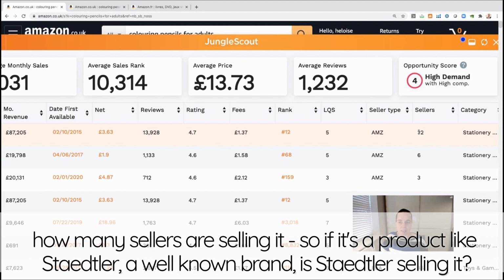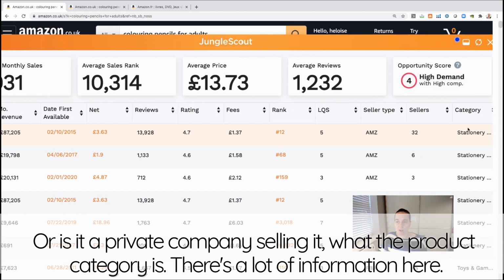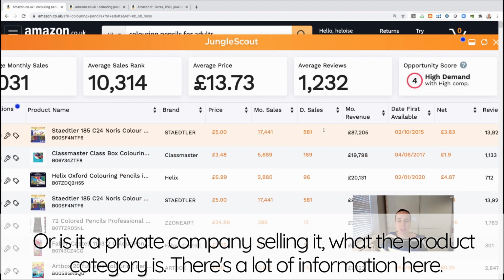So if it's a product like Staedtler, a well-known brand, is Staedtler selling it or is it a private company selling it? What the product category is. There's a lot of information here.